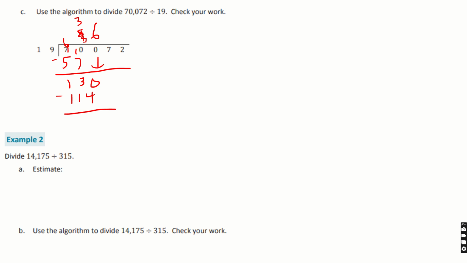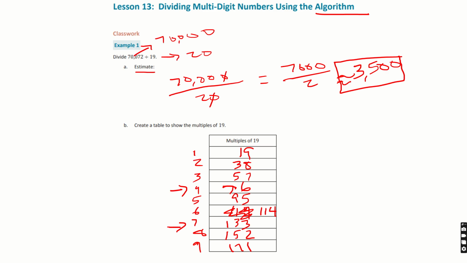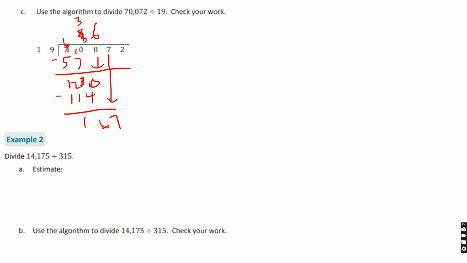We take that away. I'm left with 16. Carry down the 7, so 167 is what I'm looking for now, which would be 8, because 9 is just slightly too big, so that's 8, 152.